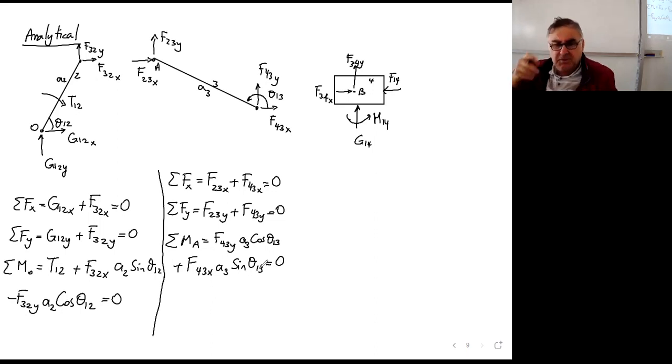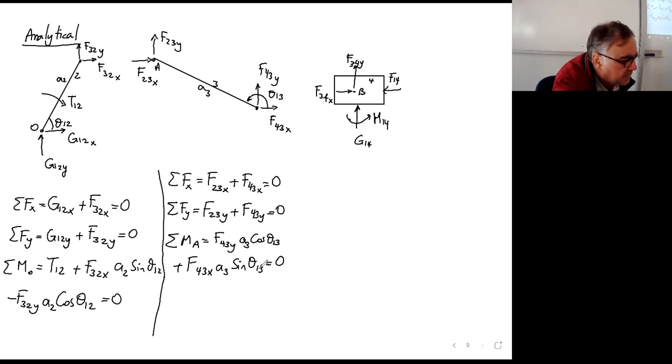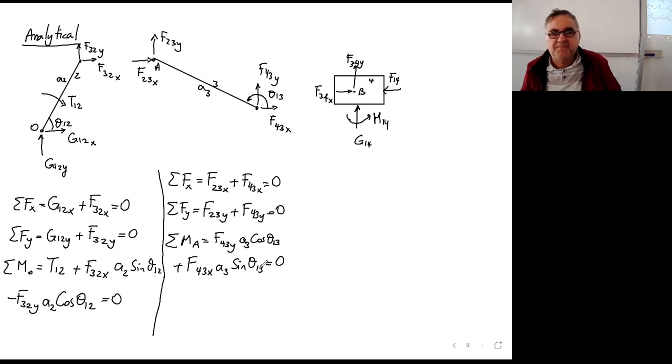This is correct, but I just want to confirm that it is correct. Let's say this is angle alpha, you can write alpha is equal to pi minus theta 13, right?